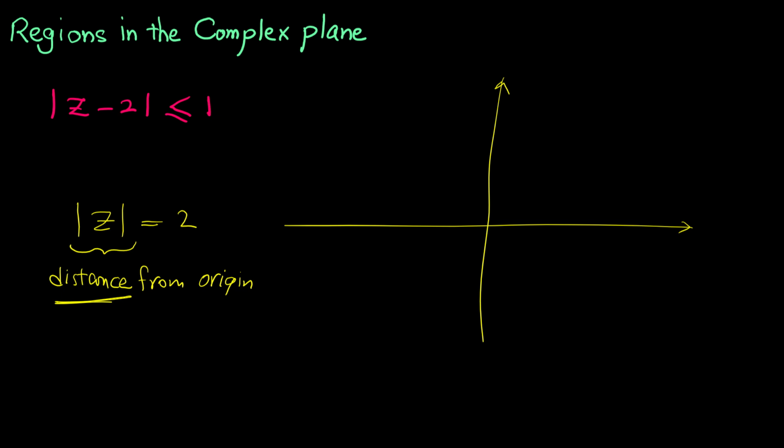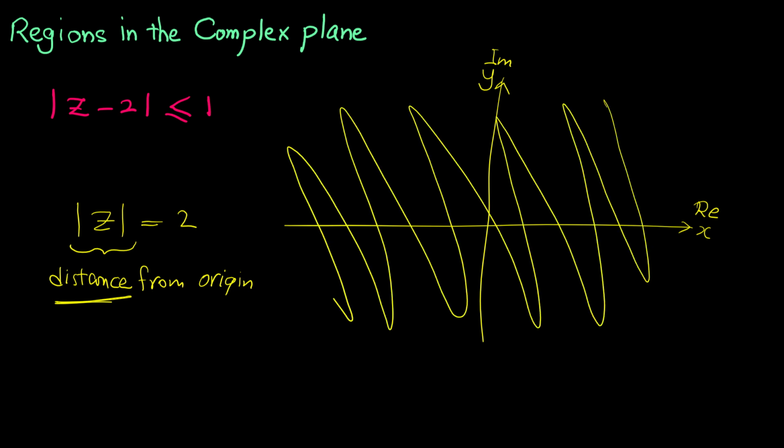This means that we are looking for points in this plane, in the complex plane, which this is the x-axis and this is the y-axis, or you can say this is the real axis, this is the imaginary axis. We are looking for points in this plane such that their distance from the origin is equal to 2.